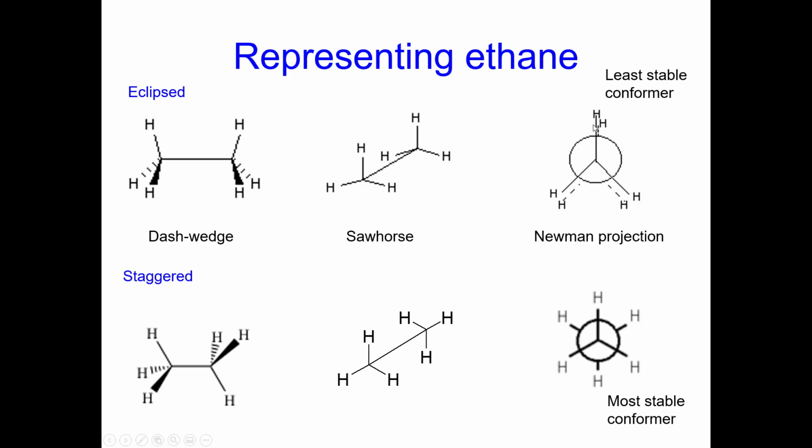Now, in an eclipsed conformation, your hydrogens are eclipsing one another, okay? So they're directly behind and in front of each other. And you can see that here. And again, if we think of these as 3D objects, these two might be bumping into each other, just as these two might, and these two.